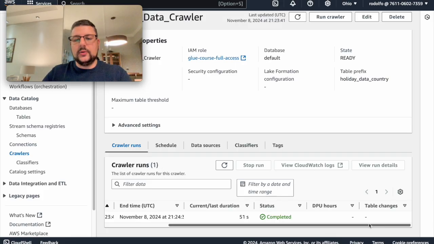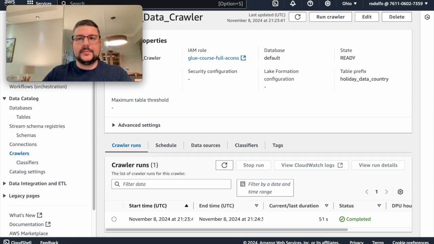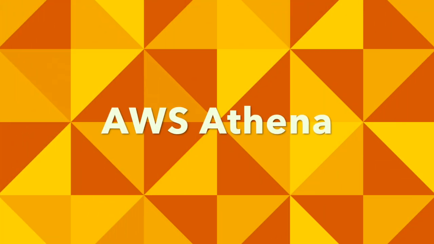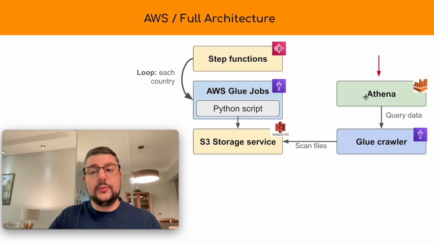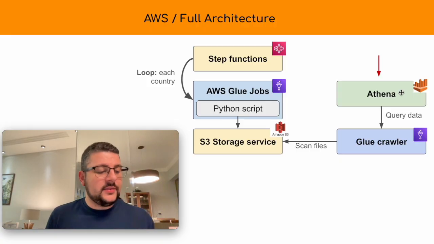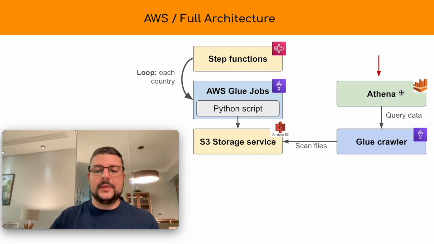Okay, so we have it completed, and when we refresh, we can see that one table changed, so it recognizes our data. We are in the last step of our tutorial, in which we will query the data using Athena. Athena is a serverless query service that allows users to analyze data in Amazon Simple Storage Service, or Amazon S3, using standard SQL.